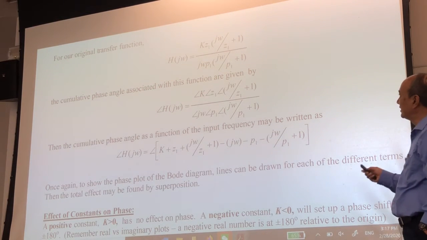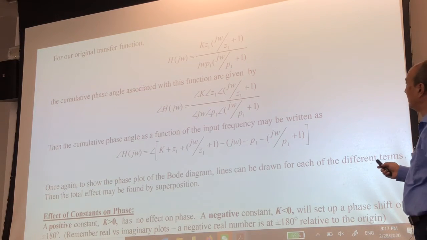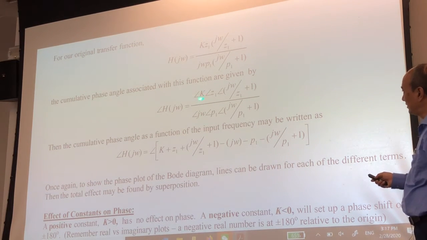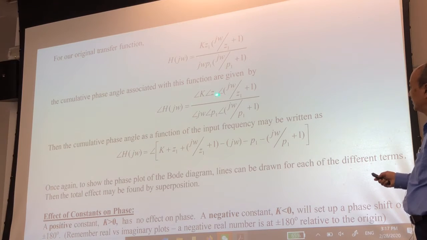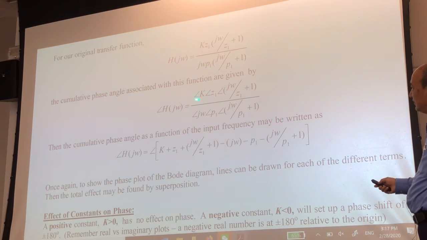Let's assume everything is a complex number. So we want to see the phase angle of this one, phase angle of this one, phase angle of this one. So basically we need to take the phase angle of this whole thing: add this phase, add this phase, add this phase, minus this phase, minus this phase, minus this phase.